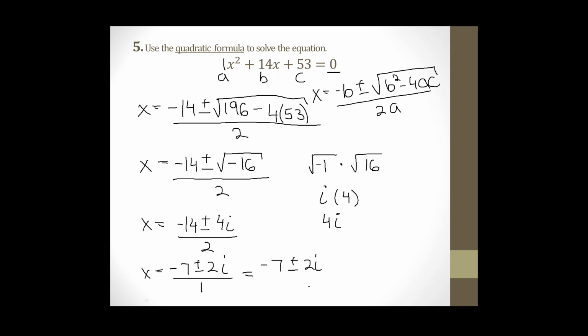This should be my answer, and I believe this time they wrote it in set builder notation and split up the two versions of the answer: negative 7 plus 2i. And that is answer choice C.